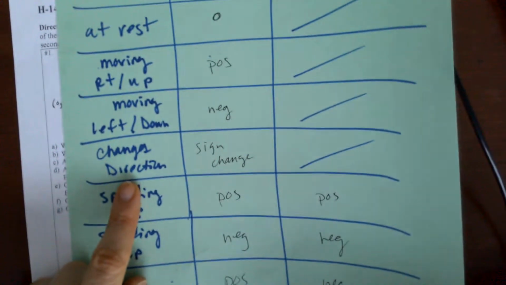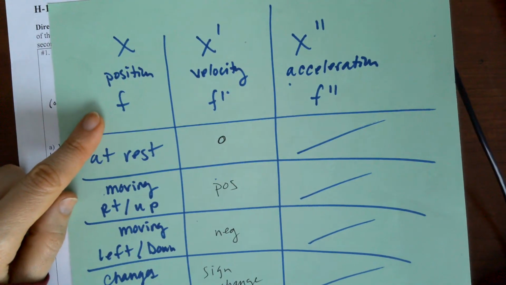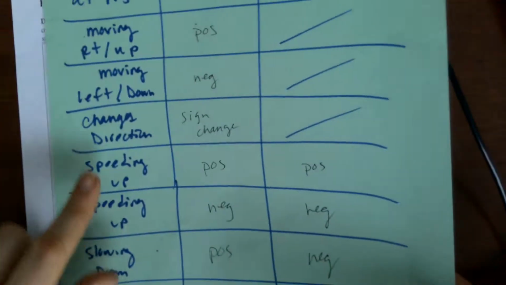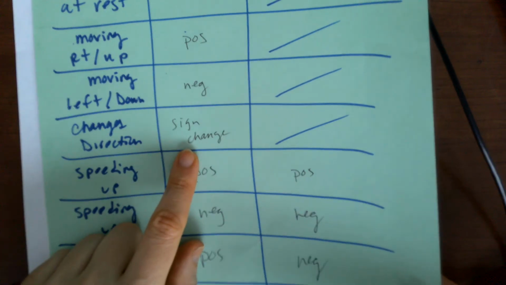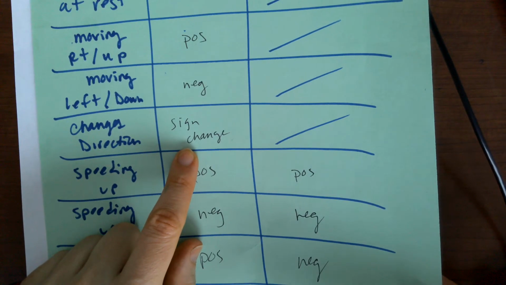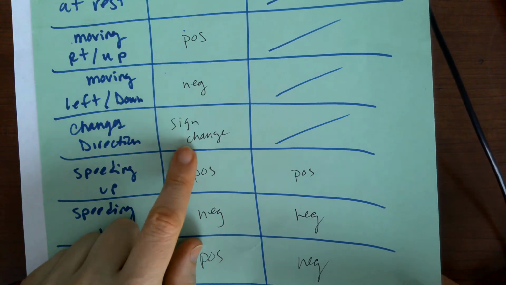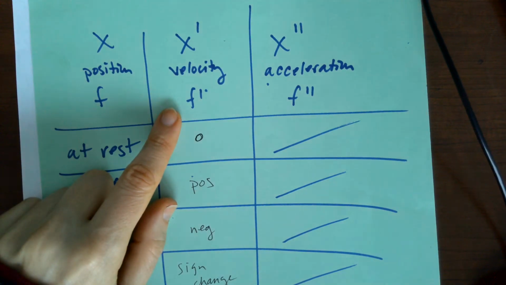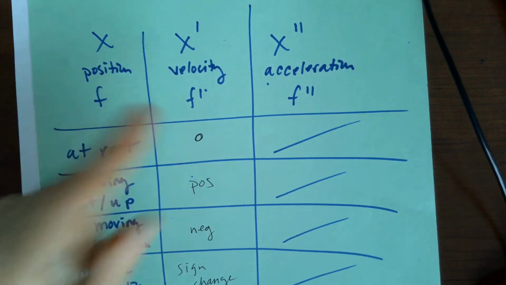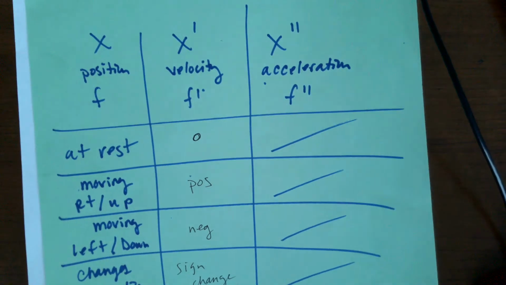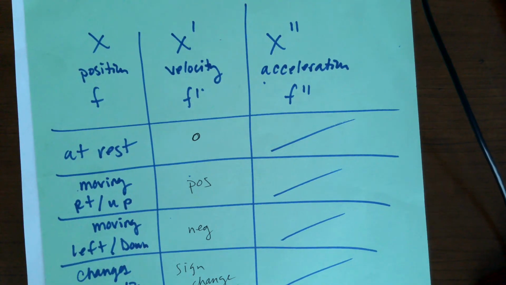Explain. A change in direction on the position is going to be a sign change on velocity. Okay, a sign change on velocity. Okay, but guys, what about a sign change on velocity?